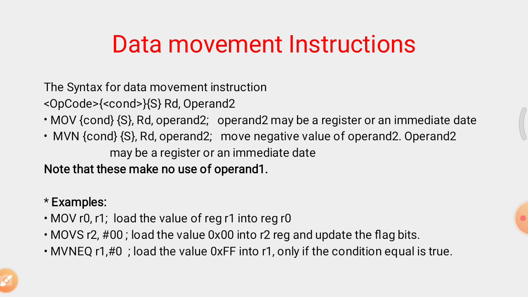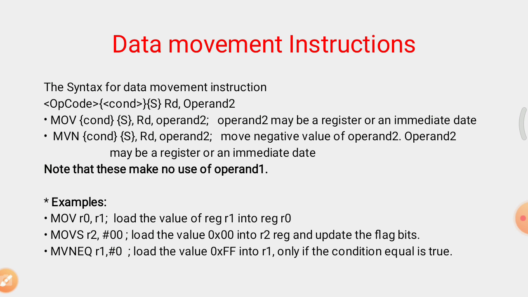The third example, for move negative, is MVNEQ R1, #0. So here, move negative, that is the value of operand 2 is going to be inverted or negated first. Therefore the value of operand 2 will become 0xFF. As we have a 0, the invert of that 0 is 0xFF.